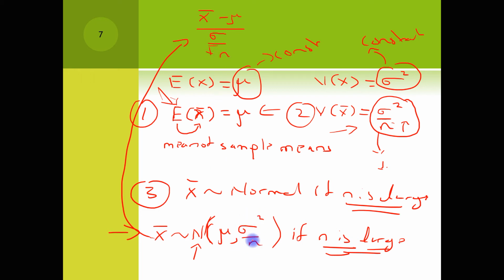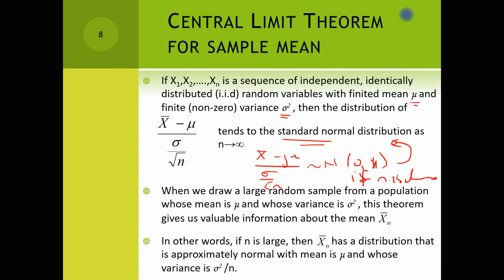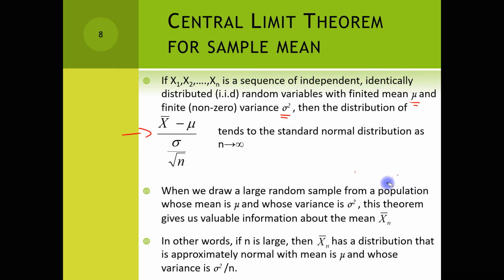And obviously this follows a standard normal distribution because we have applied standardization. The mean will turn out to be 0 and the variance will turn out to be 1. And if n is large, it is the same thing that you will see here, but expressed differently. That's what the central limit theorem is about.